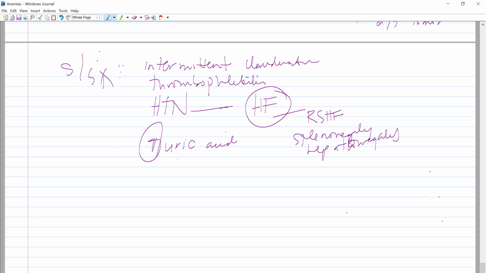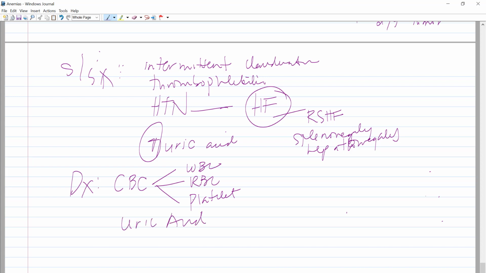So for the diagnostic tests, what do we check for this patient? Of course, we check their CBC, focusing on their WBC level, RBC, and platelet count. Okay, not only that, since there's a tendency the uric acid level will be high, you have to check the uric acid level. Okay?